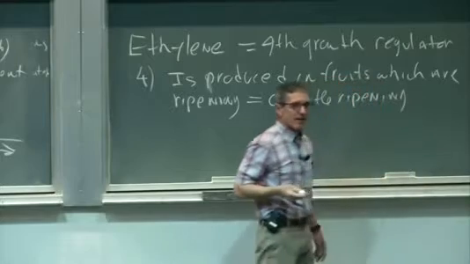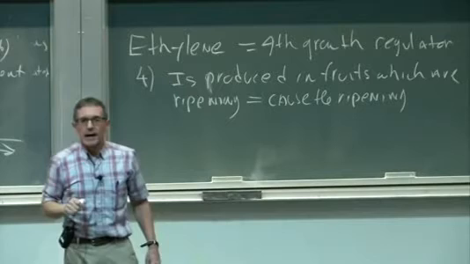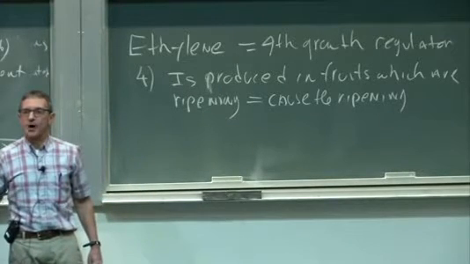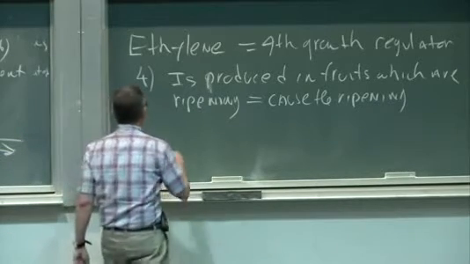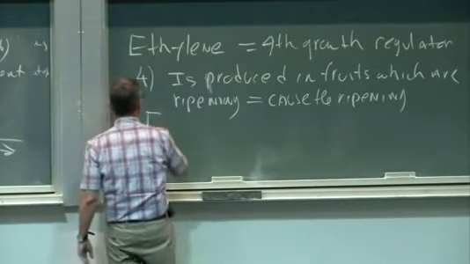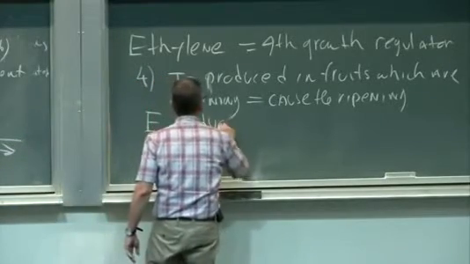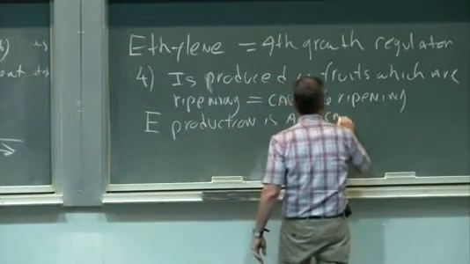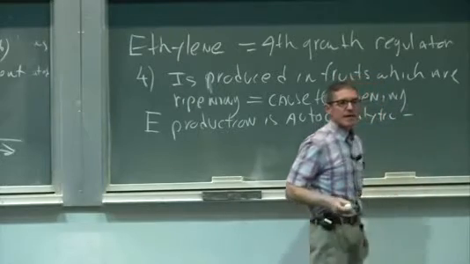So fruits make ethylene, and then the ethylene causes the fruits to ripen. But as importantly, with regard to this ripening process, and we're going to return to this statement in a moment, ethylene production, and I'll just abbreviate ethylene with an E, is autocatalytic. That is, it stimulates its own production.